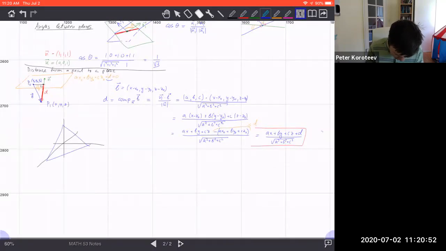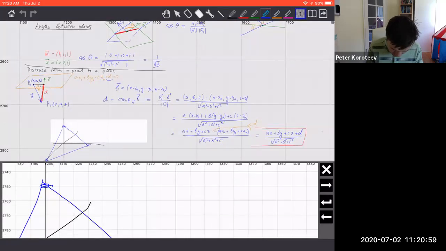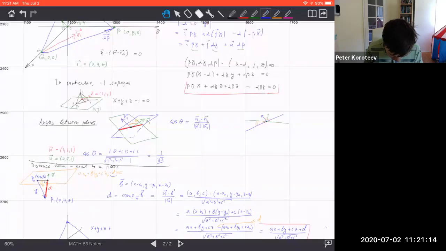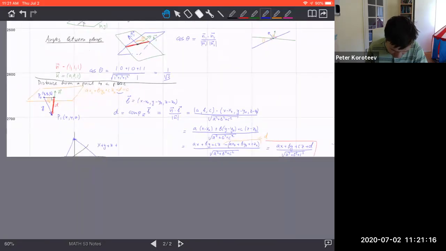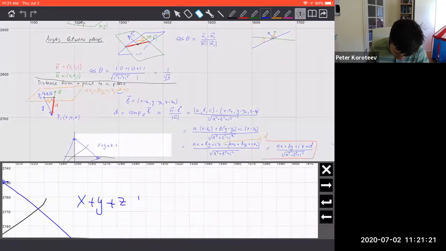So we have the plane like this, given by the equation x plus y plus z plus 1, right? So plus 1 or minus 1, I forgot. I think it's minus 1. Minus 1, yes. Equals 0. So find the distance from the origin.